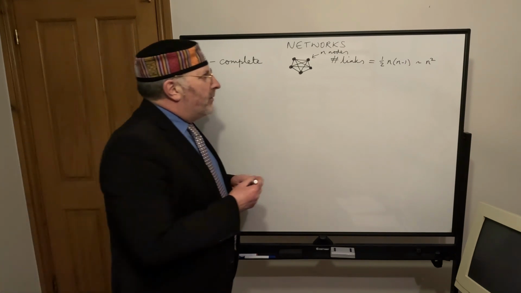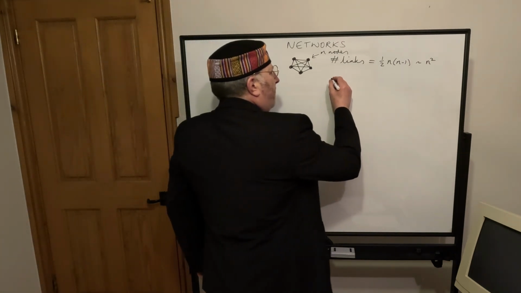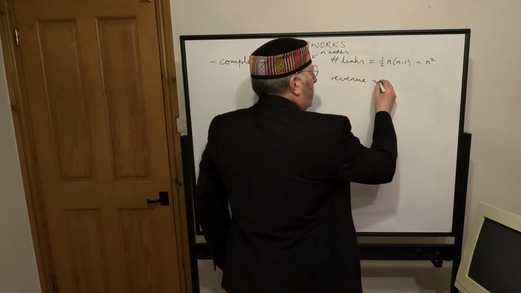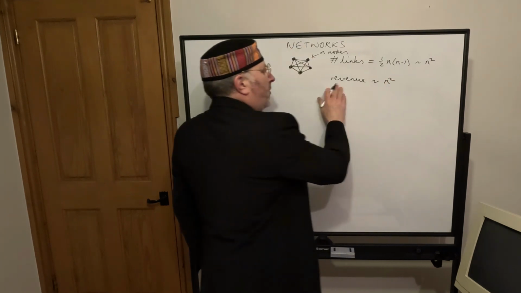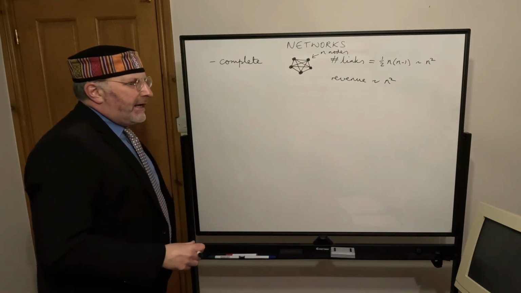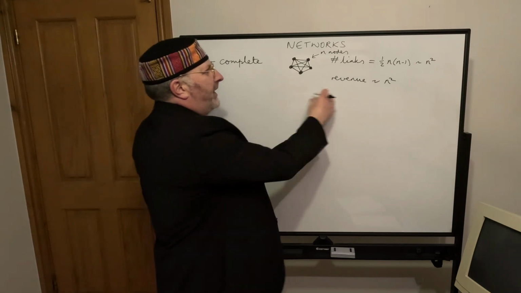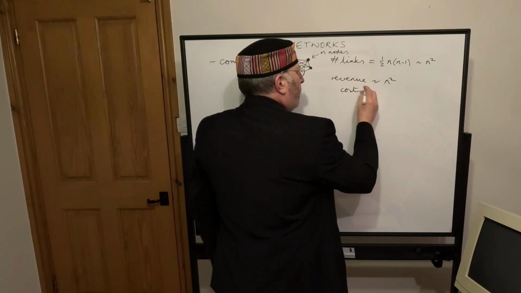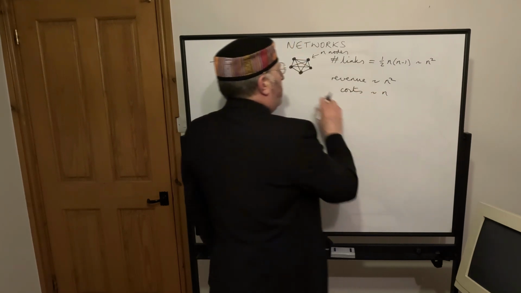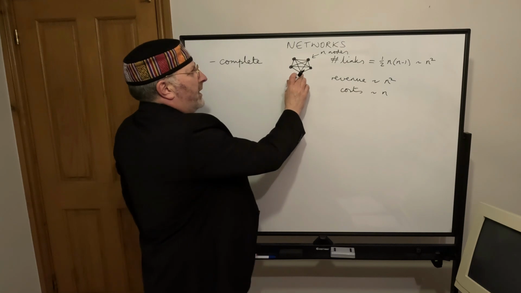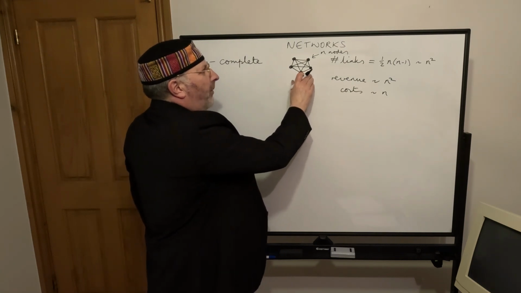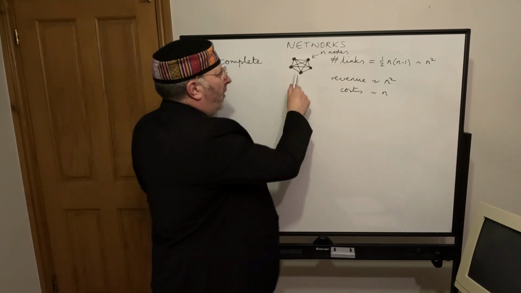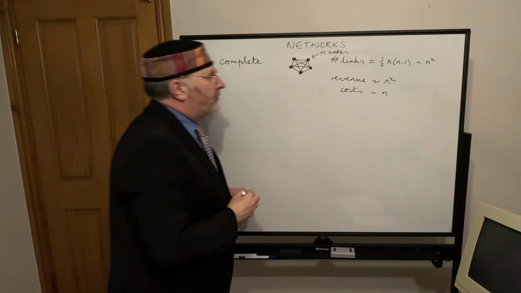And we could also imagine that the revenue, so the economic value generated, the economic output of a network, is proportional to n squared, but the costs of a network might be just proportional to n, because if these are shops or something, each one has to pay rent, so the costs are just proportional to the number.